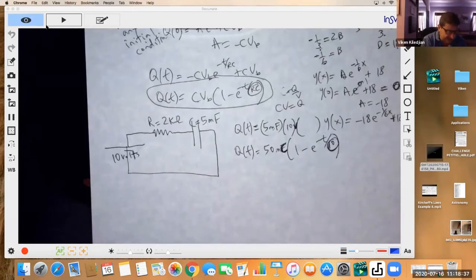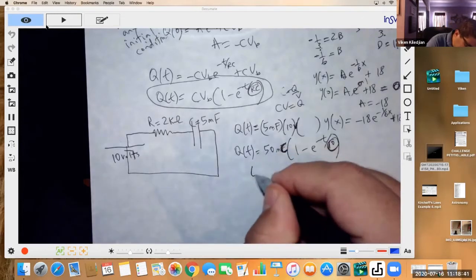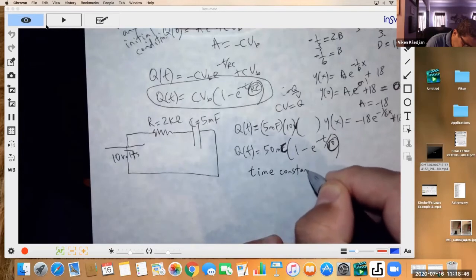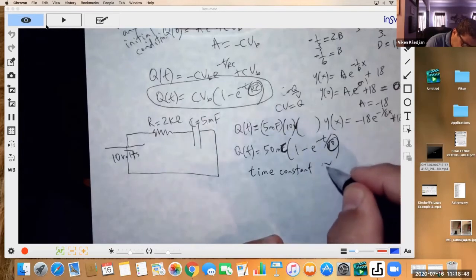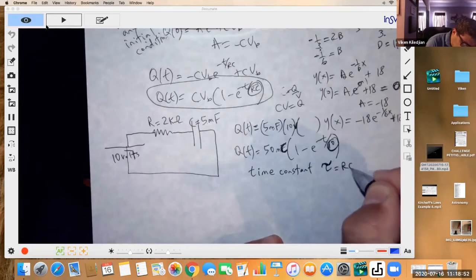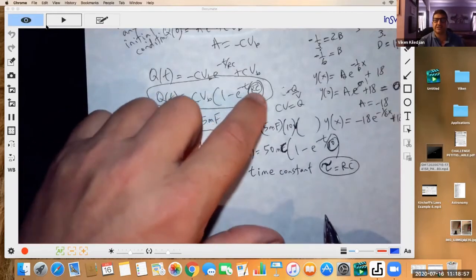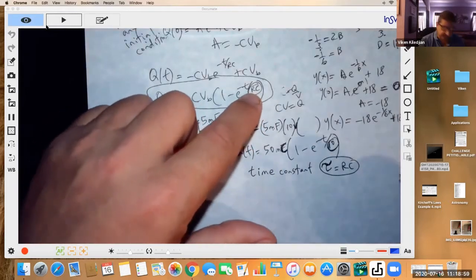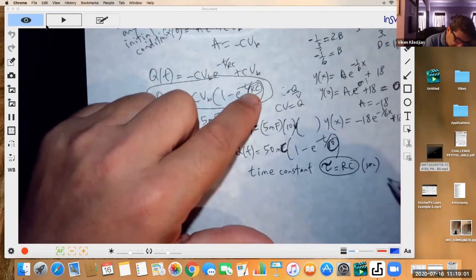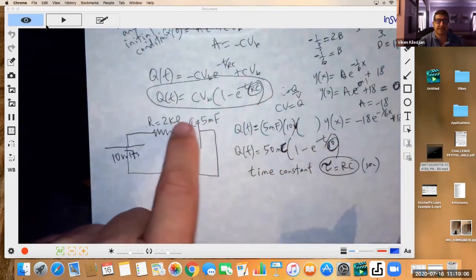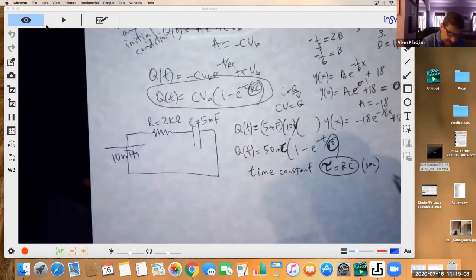The time constant of the RC circuit. Its symbol is tau, equal to RC. So when you multiply resistance times capacitance, you get units of time. So in our case, the time constant is 10 seconds, when you multiply 2 times 5.